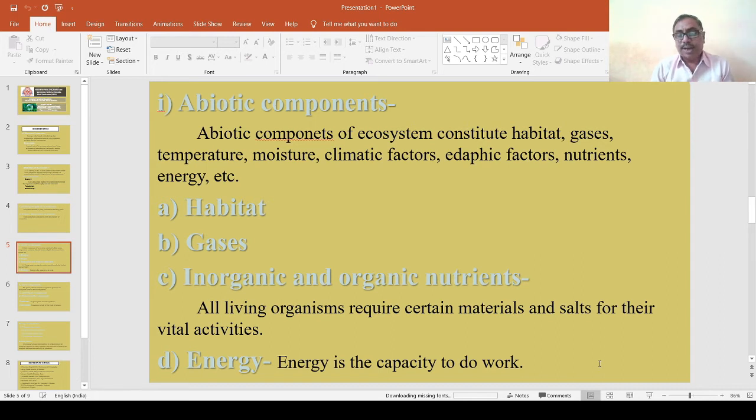There are two major energy circuits: the grazing circuits and organic detritus circuits. In a grazing circuit, animals feed on living plants, and in the organic detritus circuits, dead materials accumulate and are decomposed by bacteria and fungi.